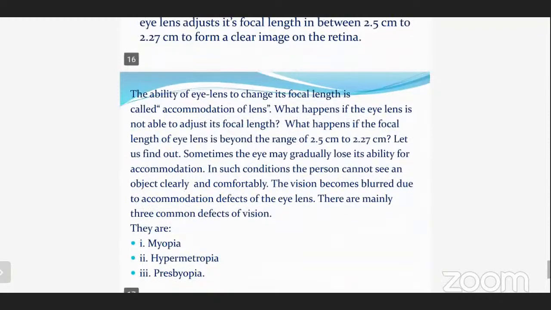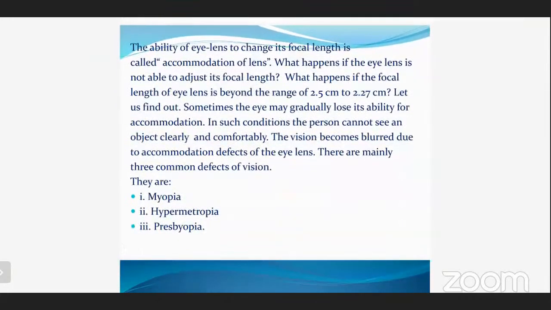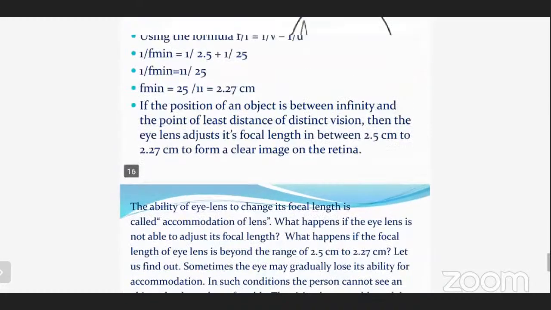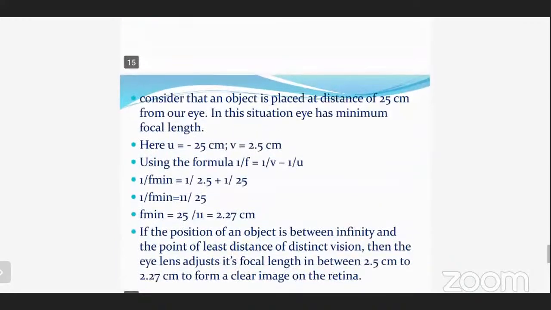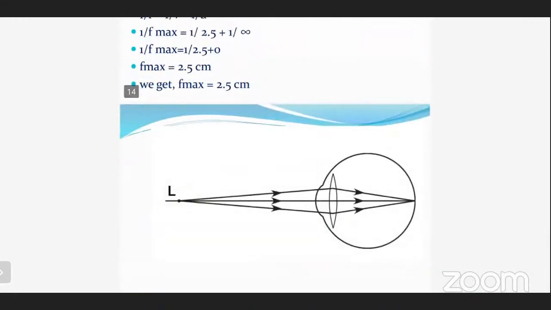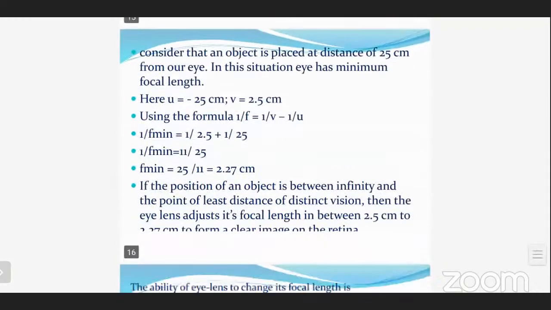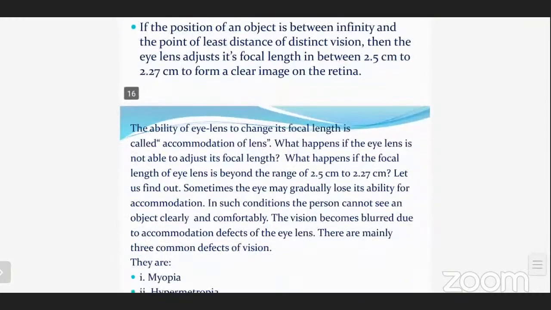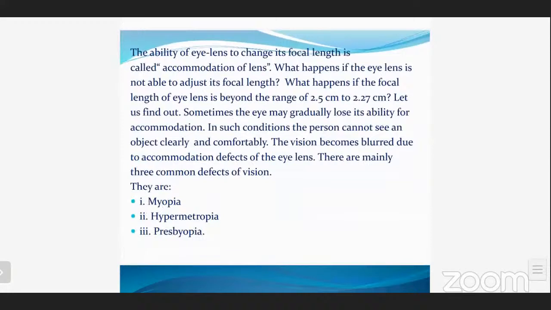So after the simplification, we got the values: minimum focal length is 2.27 centimeter, maximum focal length is 2.5 centimeter. Observe the two values. What is the meaning? The focal length is between 2.27 and 2.5 centimeter to see the object. For every human being, the focal length is between 2.27 centimeter and 2.5 centimeter.